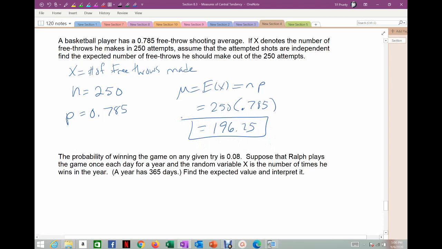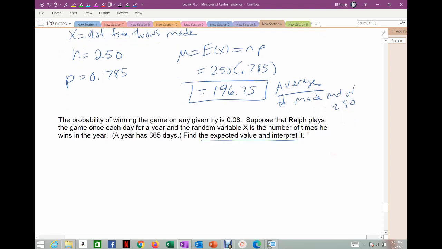Sometimes he's going to make more than 196. Sometimes he's going to make less than 196 out of 250 attempts. If we average out all the times he shoots 250 free throws, the average would come out to 196.25 being made. All right, that's his average number made out of 250.